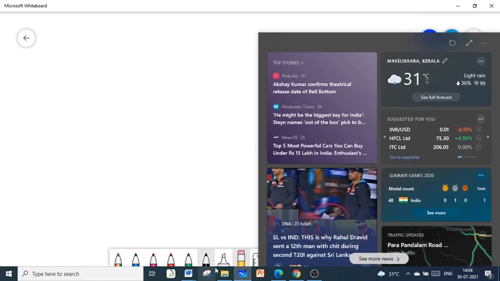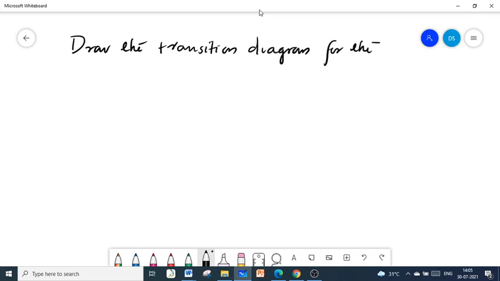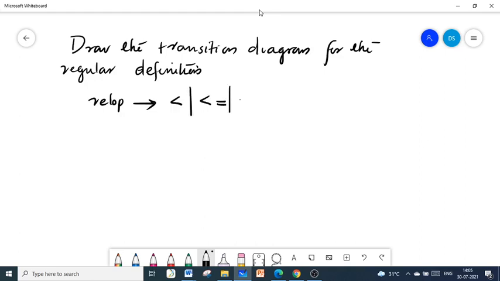This is the question. Draw the transition diagram for the regular definition relational operator, that is relop, gives less than or equal to, or equal to, or not equal to, or greater than.